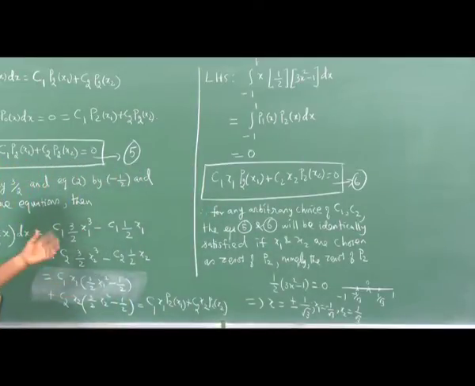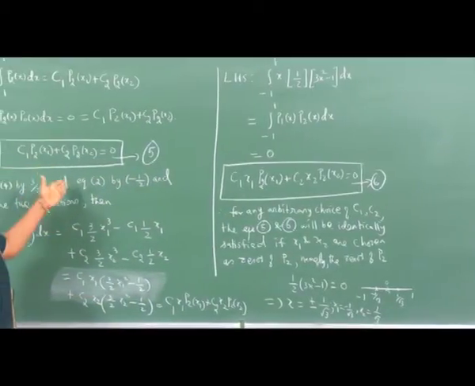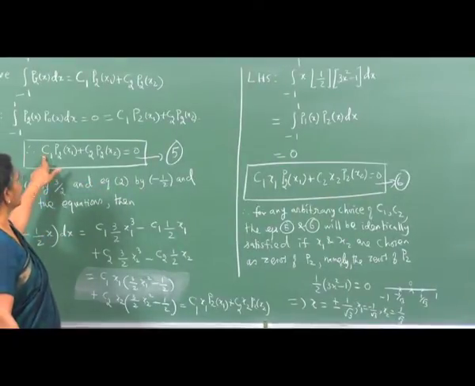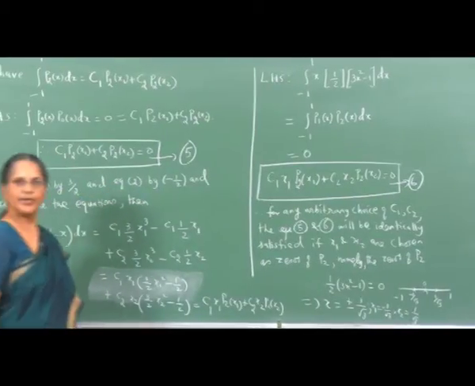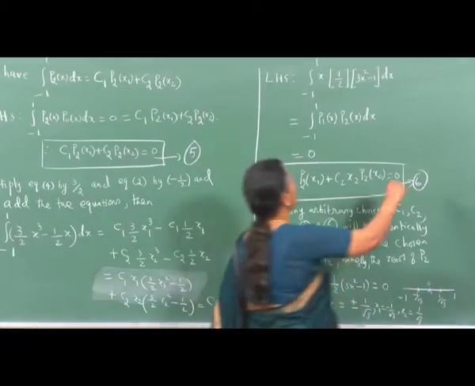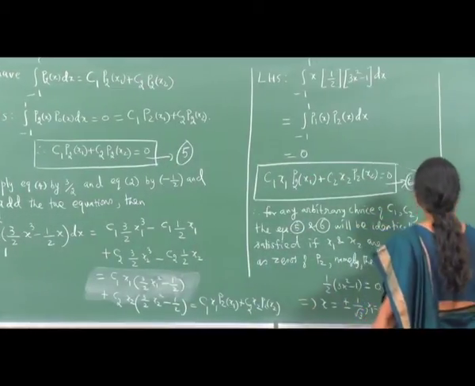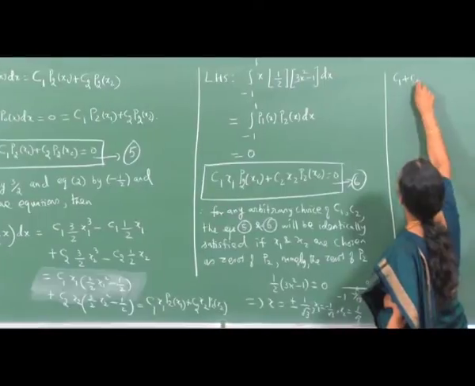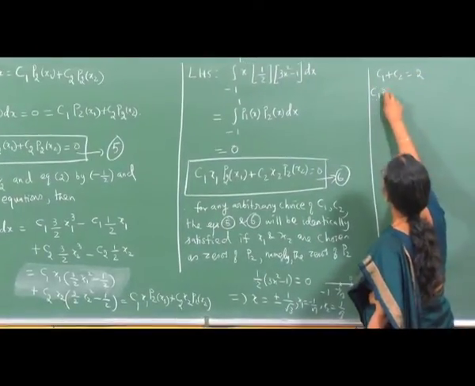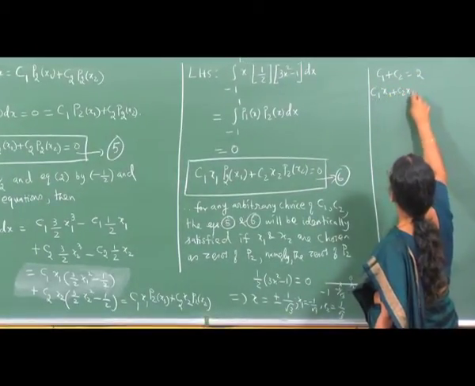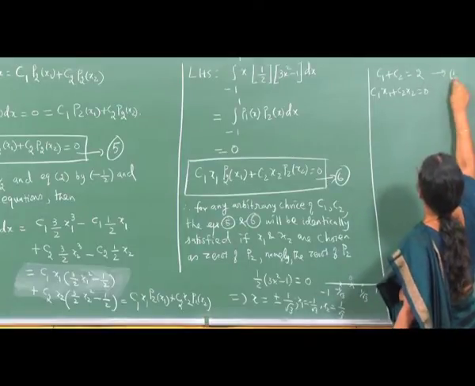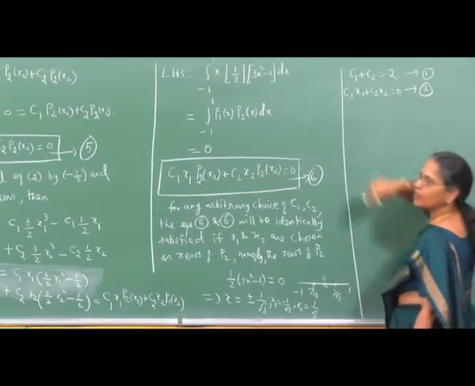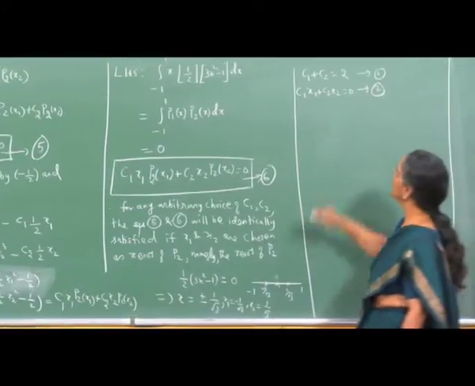The only problem that remains to be solved is to determine the constants C1 and C2. So, we consider the first two equations, namely C1 plus C2 is equal to 2, C1 x1 plus C2 x2 equal to 0. These are the first two equations which we had written down.